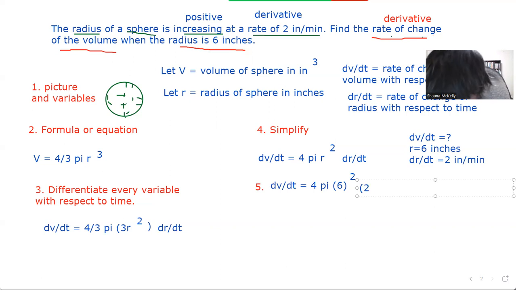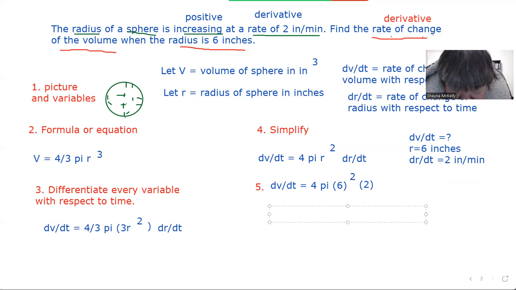When you do that calculation, you're going to square 6, that's 36. 4 times 36 is 144. 144 times 2 is 288.